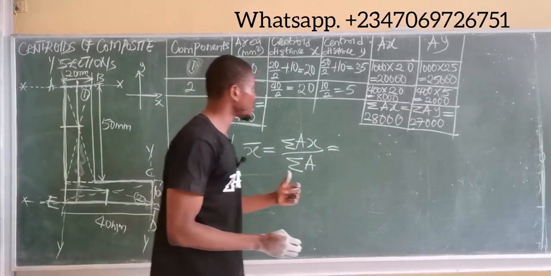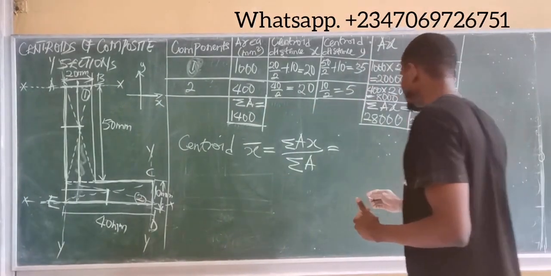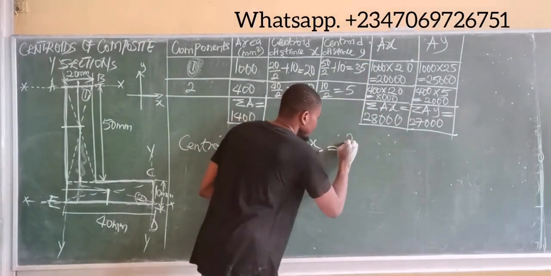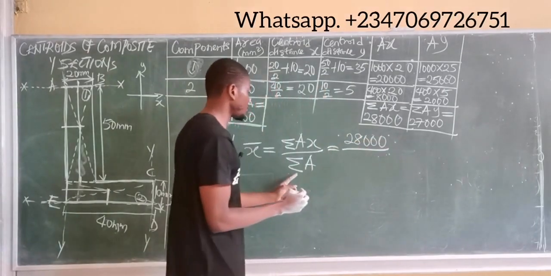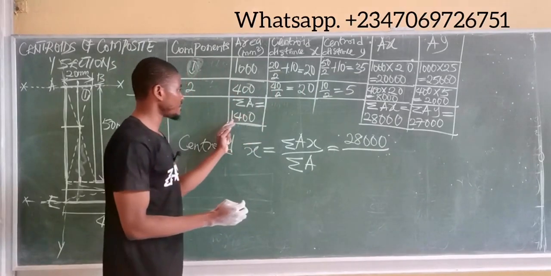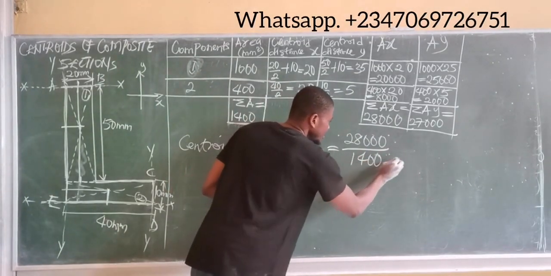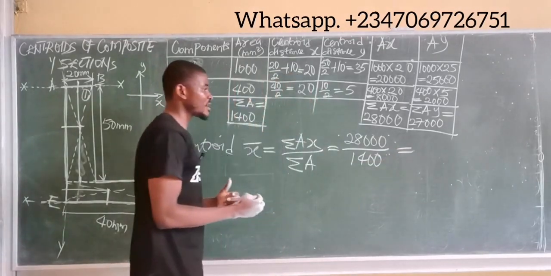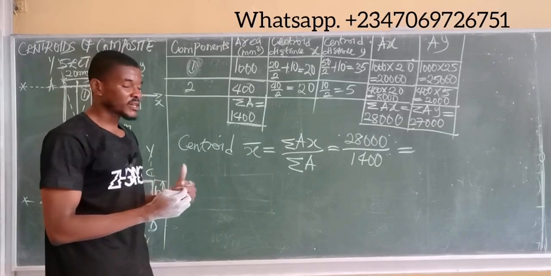We obtained the value as 28,000, divided by summation of area, which gave us 1,400. So this is now 28,000 divided by 1,400, giving us the centroid in the x direction.